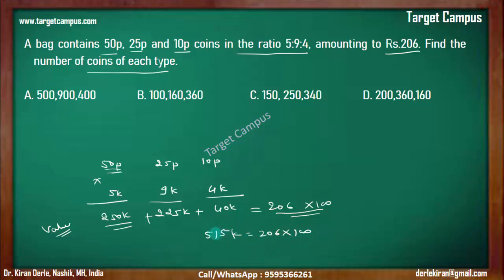So let us solve this. 515k is equal to 20600, so K is equal to 40.